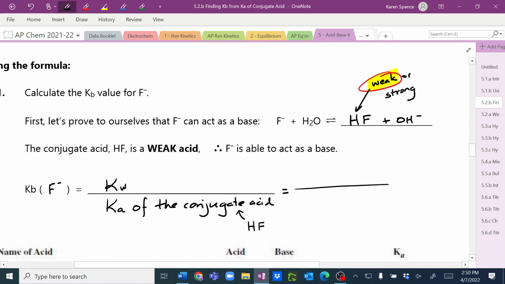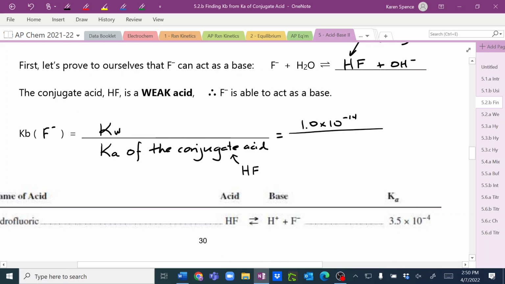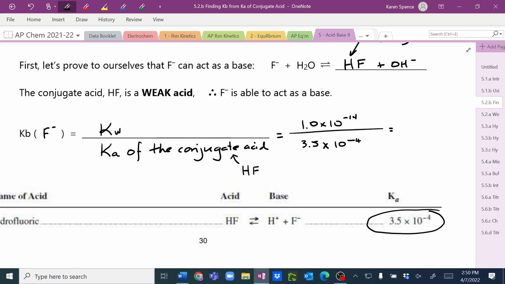So Kb is equal to Kw, 1.0 times 10 to the negative 14, divided by the Ka of HF, which is 3.5 times 10 to the negative 4. And we get 2.9 times 10 to the negative 11.